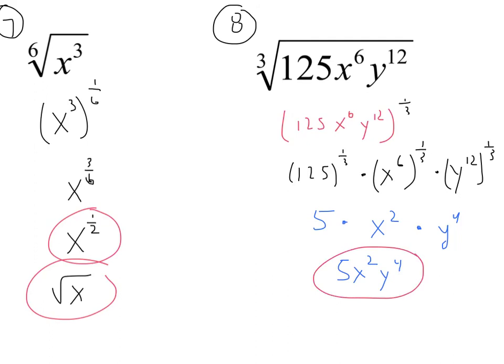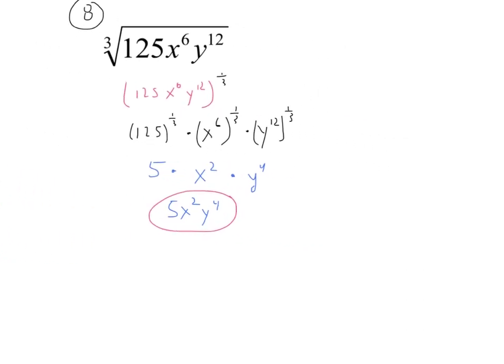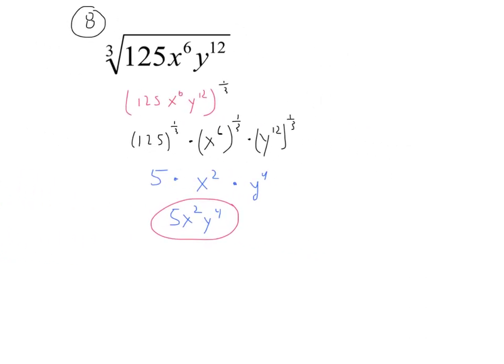And just one side note, let's think about it: does that make sense that the cube root of 125 x to the 6th y to the 12th is the same thing as 5x squared y to the 4th? Well, it does, because remember what a cube root is. A cube root is saying I need to find the thing that, if I have 3 factors of it multiplied together, I would get back to here.